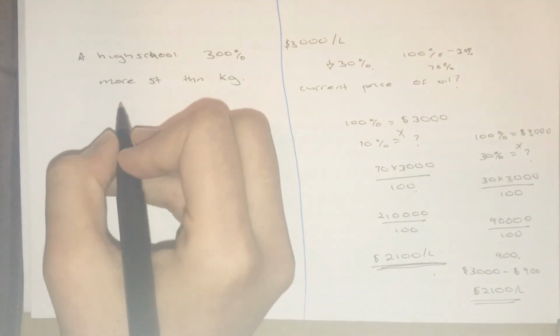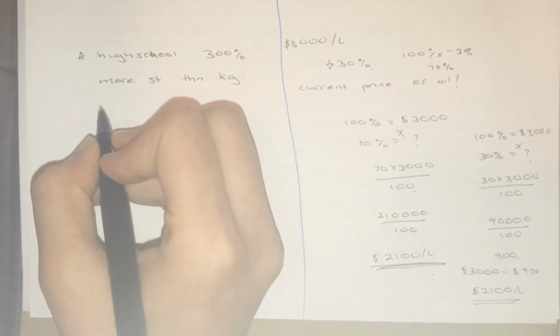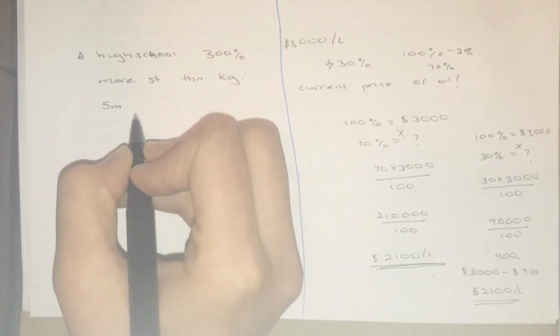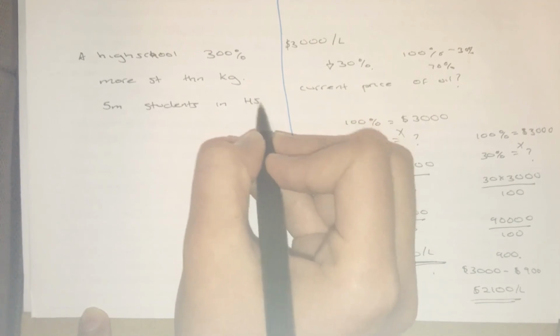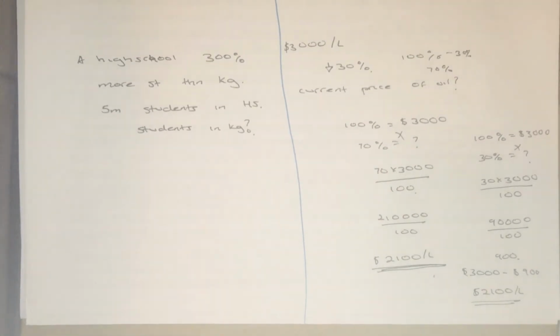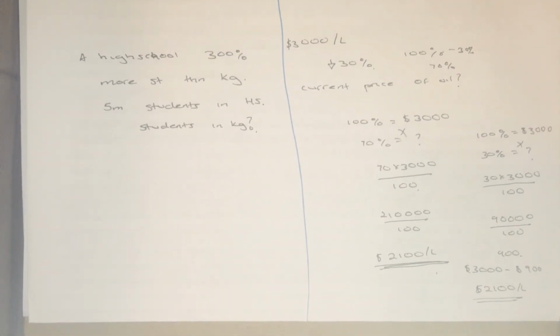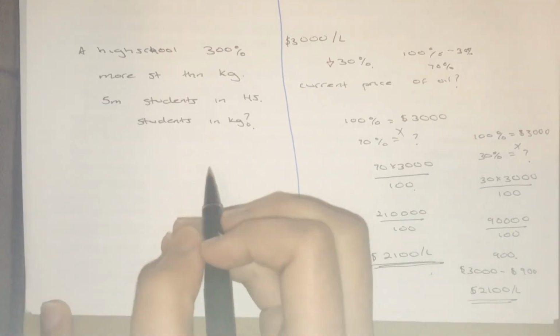If there are 5 million students in the high school, how many students are there in KG? Okay, pause the video and take your time, or stay right here and solve with me.